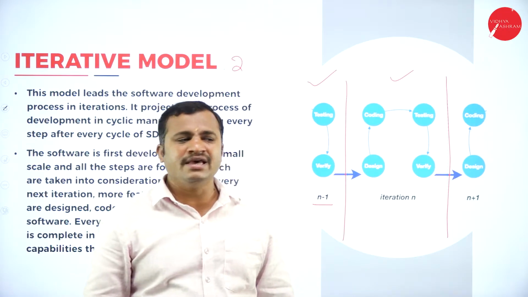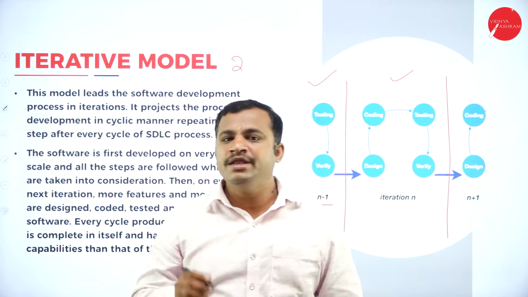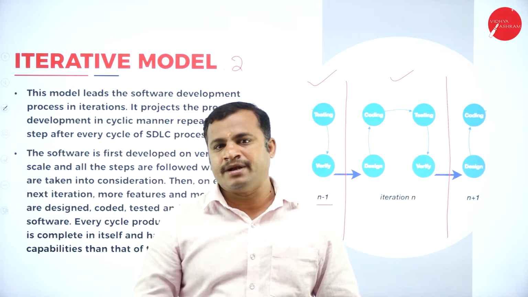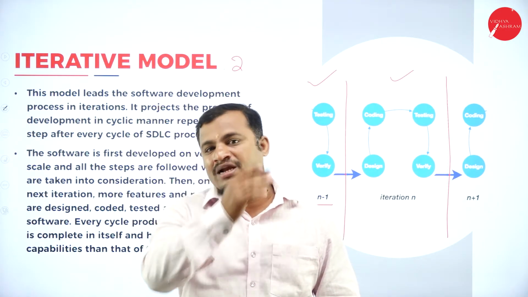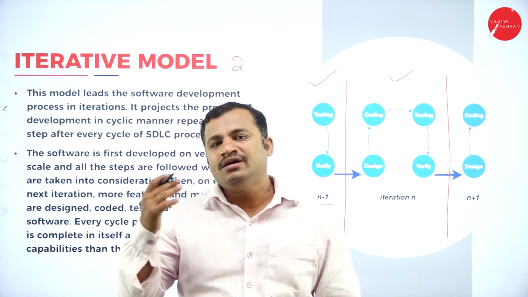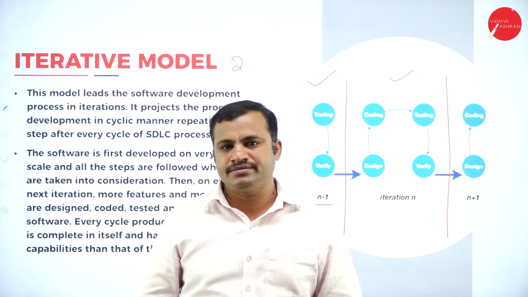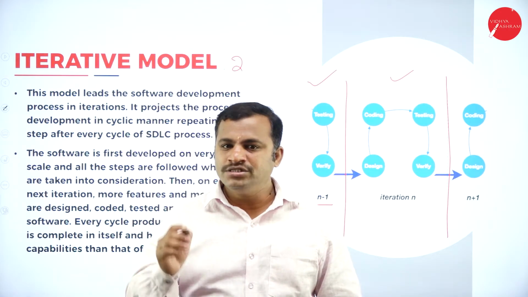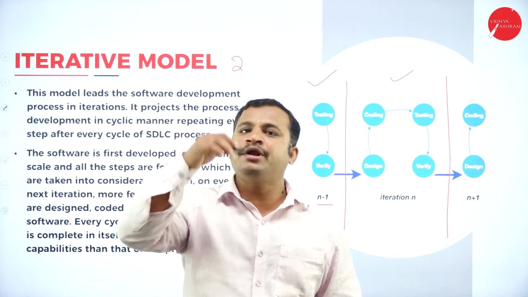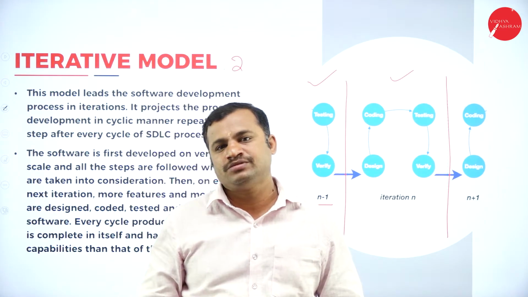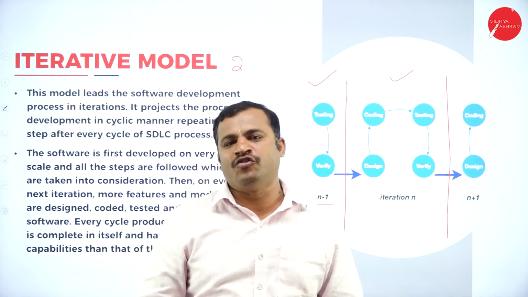So you can see that the iterative model is best suitable for many applications. For example, Jelly Bean is a version of an operating system released earlier. After that, so many different versions of the Android operating system have come to the market. When the operating system is released to the market and incorporated into mobile phones, it remains operational in the customer's mobile phone.